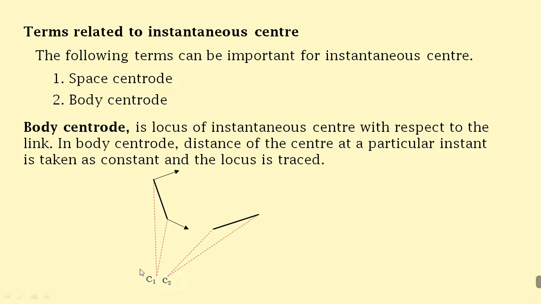Likewise, if you trace a number of instantaneous center locations during the rotation and translation by keeping the distance of the instantaneous center with respect to the link constant, we'll get one more curve. That curve is called the body centroid. One more condition we can consider is that the space centroid curve and the body centroid curve will be like two rollers rolling on each other, so the curves will be opposite to each other. That is the kind of situation we can compare for the body centroid and space centroid.